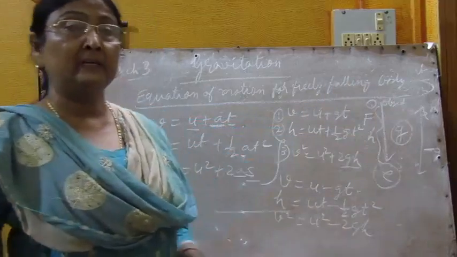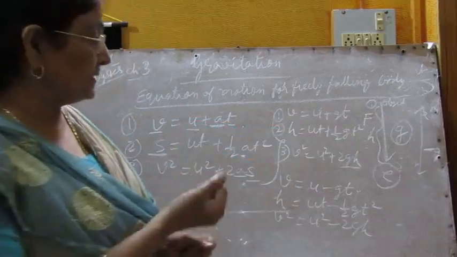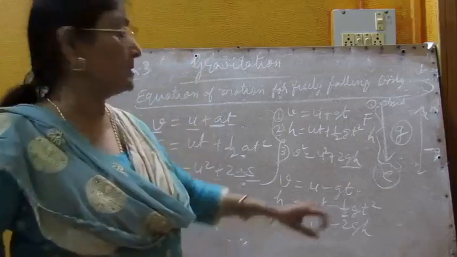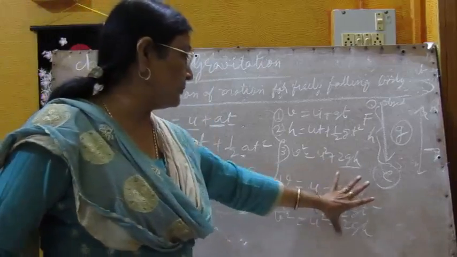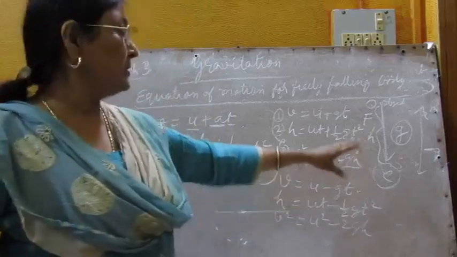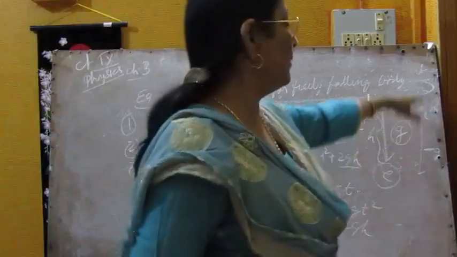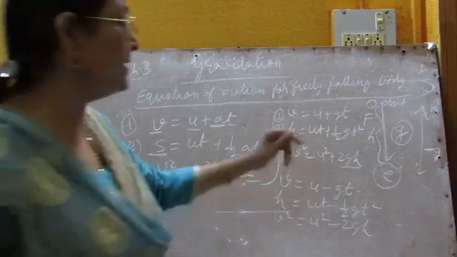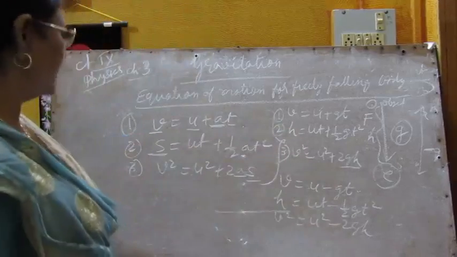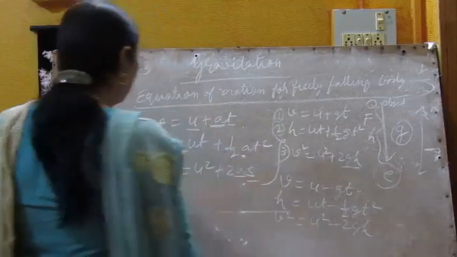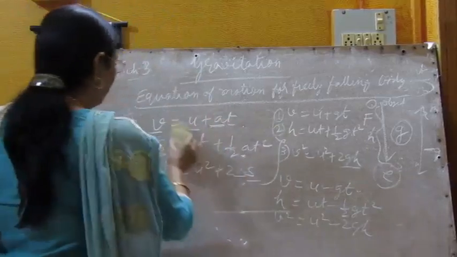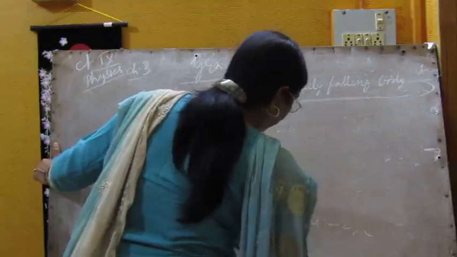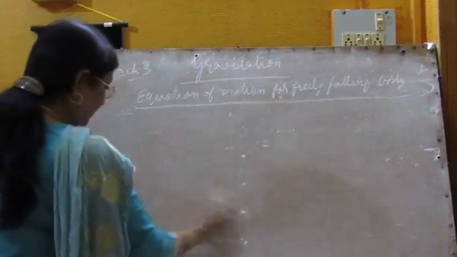And if in the problem you throw the object from the earth's surface upwards, then you have to use these formulas, because if the object goes upwards, then G will be negative. The acceleration due to the attraction force will be negative. So these are the equations of motion of a freely falling body. They are very important for solving numerical problems.